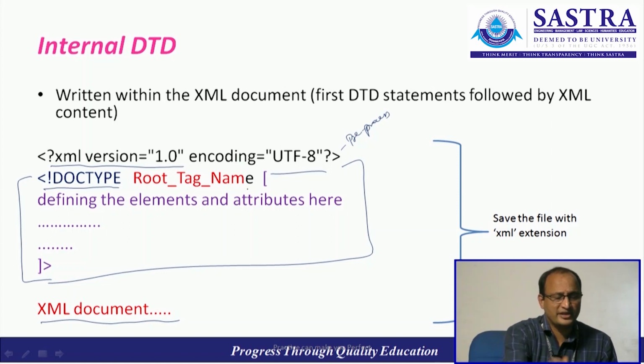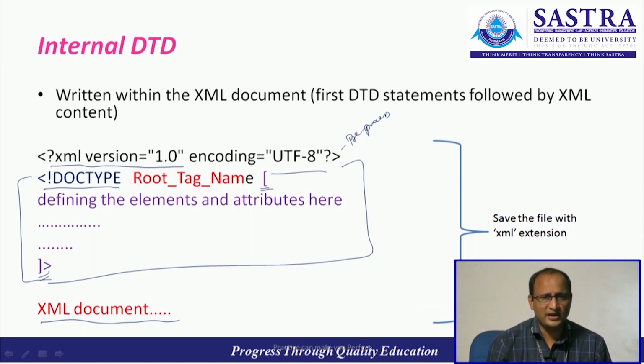That we have to give. After that, opening square bracket and closing square bracket and closing angle bracket. Between the opening square bracket and closing square bracket, we have to include the rules, that is the DTD definition.